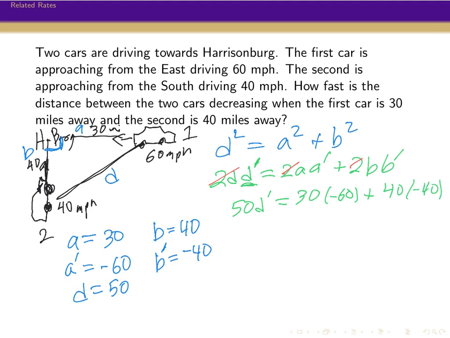And so 30 times 60, that's minus 1,800, plus 40 times 40 is minus 1,600, is all equal to 50 d prime. Minus 1,800 minus 1,600, that is going to be minus 3,400, I believe. Yep.